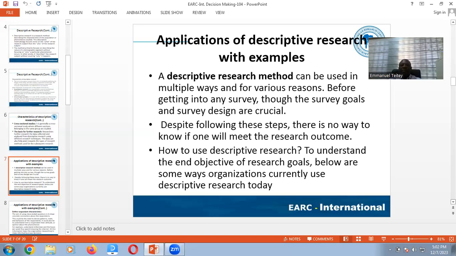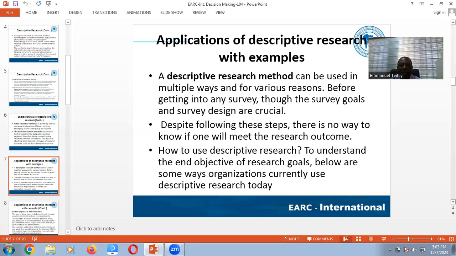Application of descriptive research, with examples. A descriptive research method can be used in multiple ways and for various reasons. Before getting into any survey, the survey goals and the survey design are crucial.